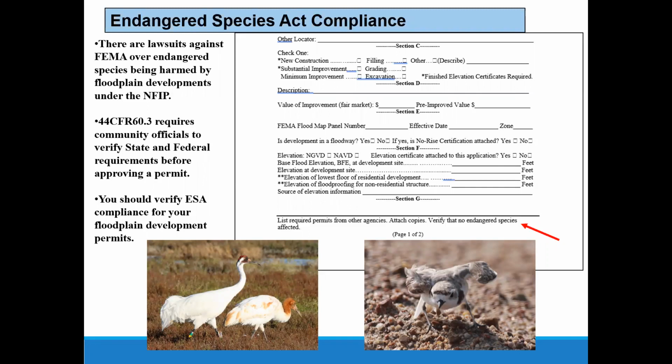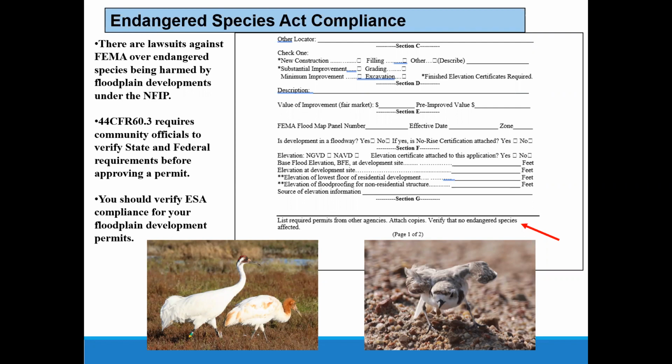So I did mention the Endangered Species Act and that FEMA is in a lot of litigation right now over this specific law. What happened is that FEMA was approving letters of map change and that kind of thing without verifying this. And so the U.S. Fish and Wildlife Service started suing them in different areas of the country for harm and damage to these endangered species.